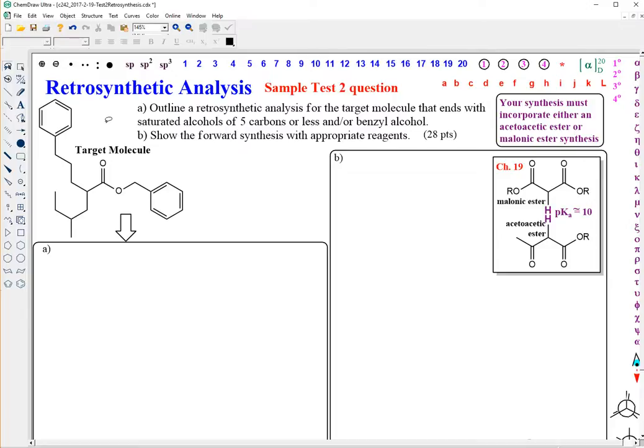The secret to this retrosynthetic analysis is to recognize that your target molecule possesses one of two features. And the feature is here. This is a derivative of acetic acid.